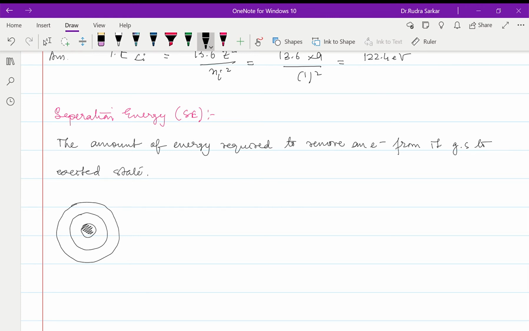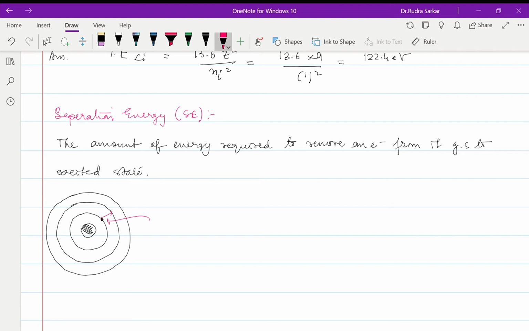Okay? Suppose we are having these three levels which are n1, n2, n3, and suppose there is an electron over here. You give some energy, so the electron jumps to this level.